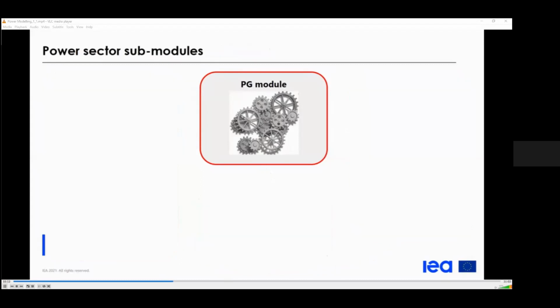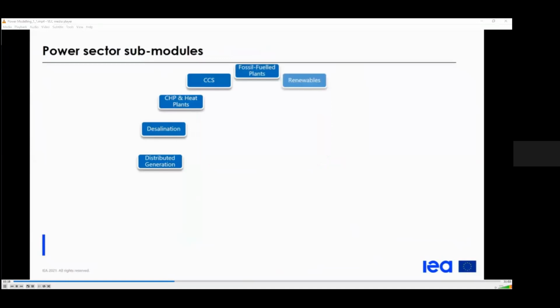Now let's have a closer look at this black box. When we model the power sector, we need to remember that there is a multitude of submodules that need to be considered, from distributed generation to nuclear generation. One of these modules, for instance, combined heat and power and heat plants, will have heat demand as a driving element.